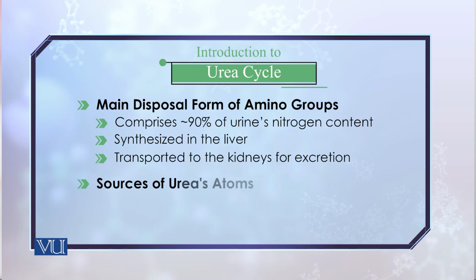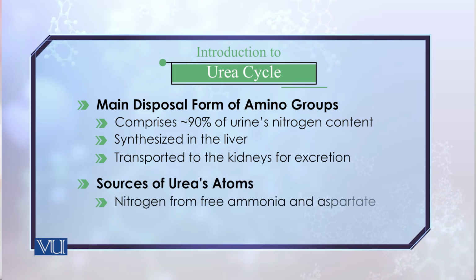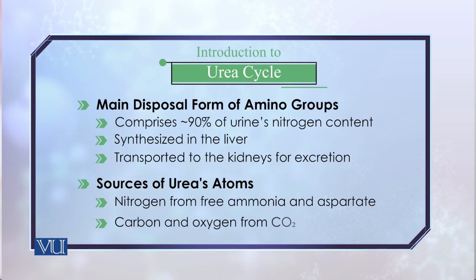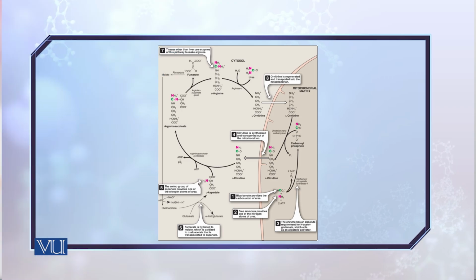The sources of the different components of urea are that nitrogen of the urea comes from the ammonia, which is specifically the free ammonia, and the aspartate, which also gives the ammonia component, and carbon and oxygen come from the carbon dioxide.